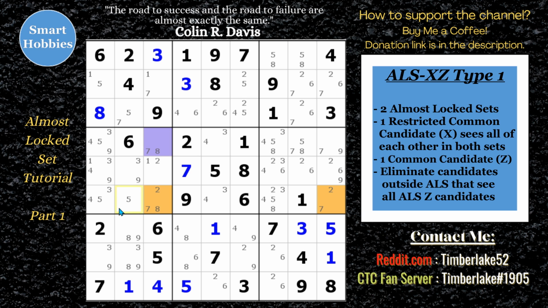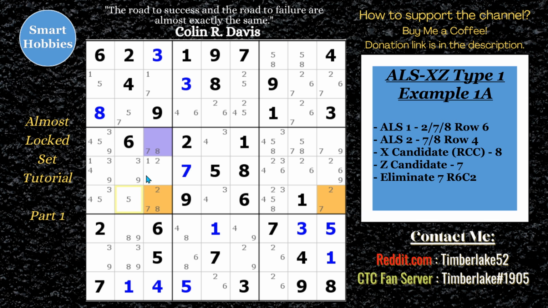Remember, when we did the XYZ-Wing, we were able to eliminate that 7. Well, now using almost locked sets, we have a restricted common candidate right here, the 8. So these sets have a restricted common. And then we have this other common candidate, the 7. So now you can make an elimination whenever that Z candidate sees. Boom. So it still works the same way.